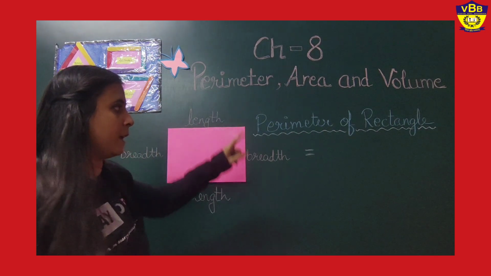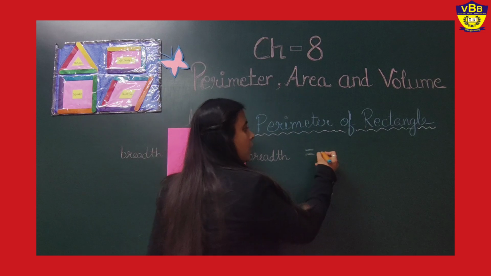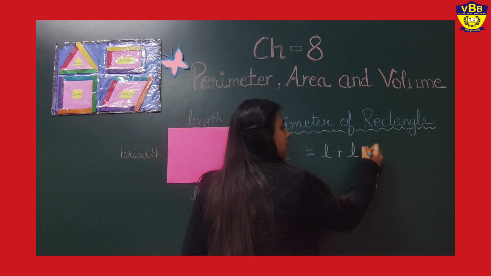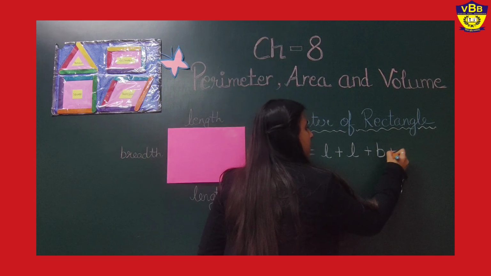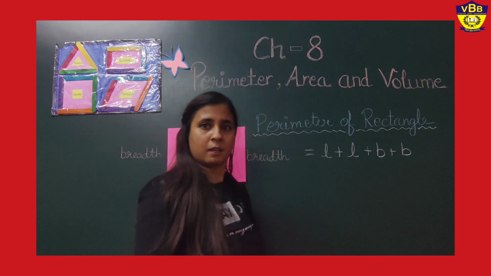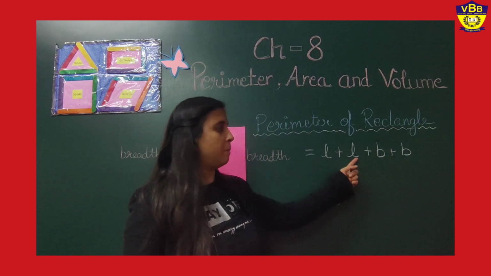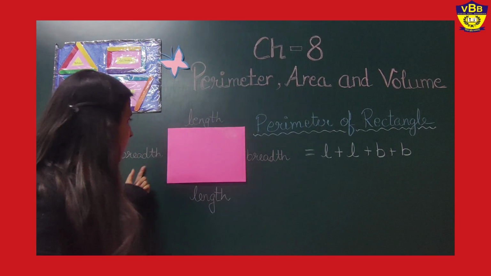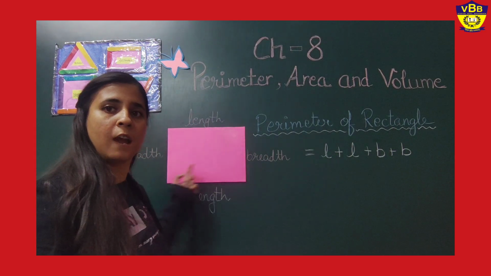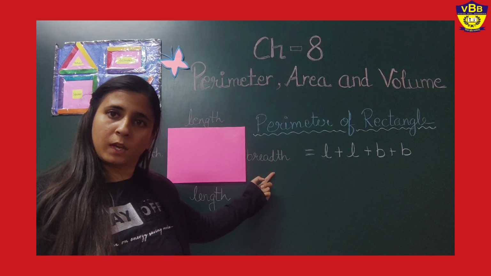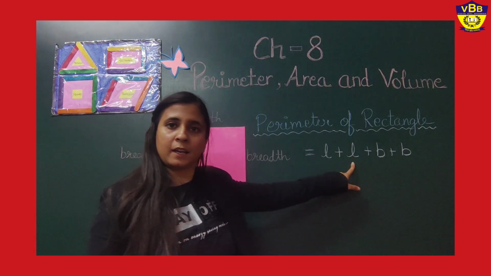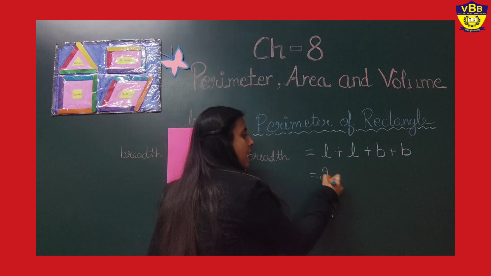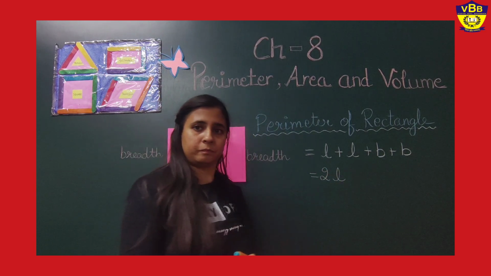Now perimeter means the sum of all the four sides, that means length plus length, because we have two lengths, and breadth plus breadth, because we have two breadths. Now I know that there are two lengths, so I can write L plus L as 2L.